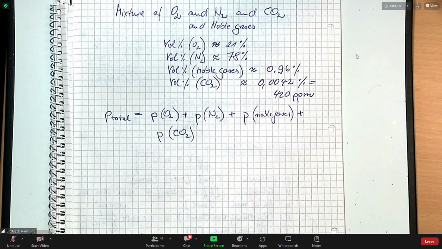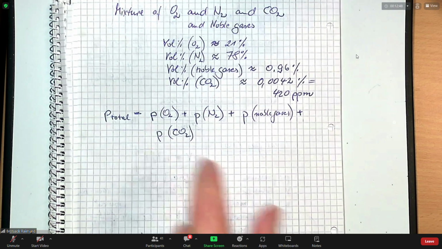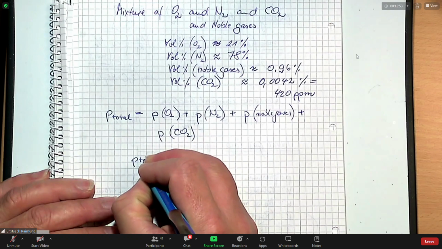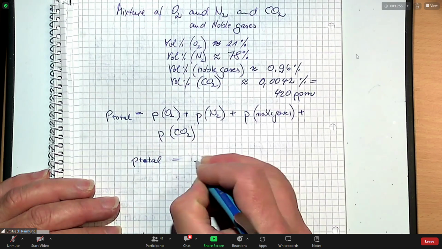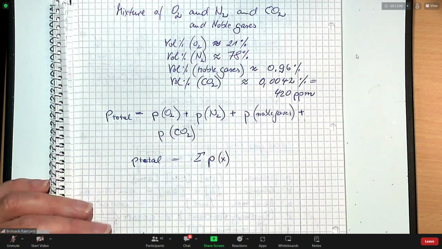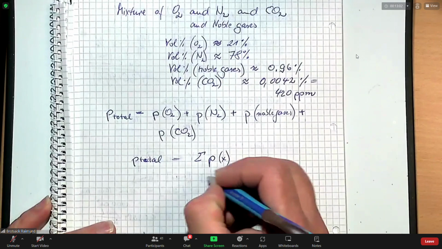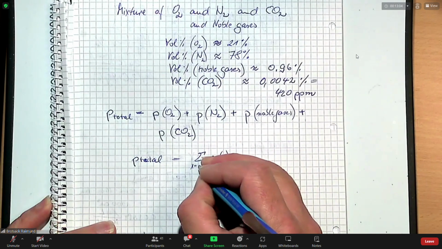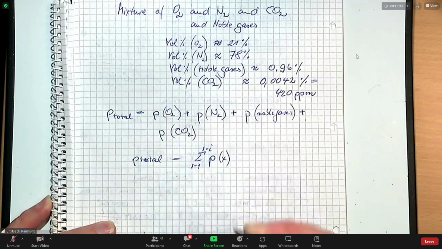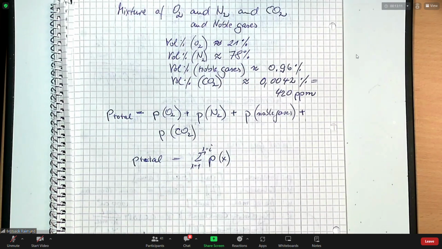So the sum of pressure for more than one type of gas moles in a defined volume is like this. So the P total is always the sum of all partial pressures of X elements, for X is 1 to X is I, when we have I different types of gas molecules in our volume.